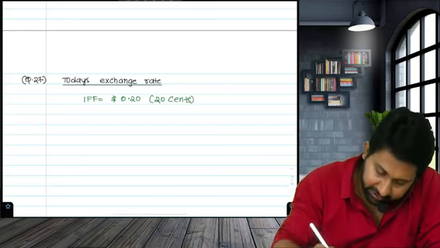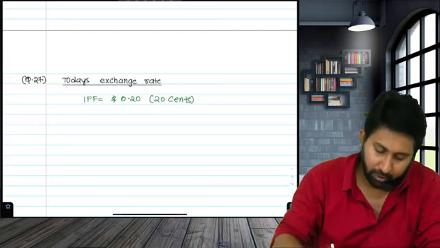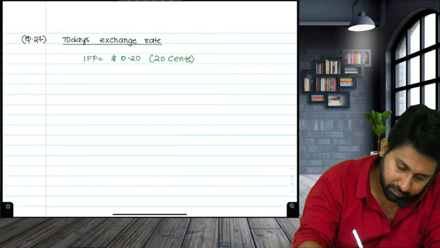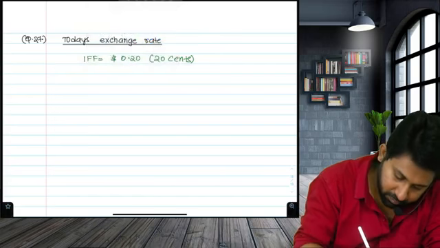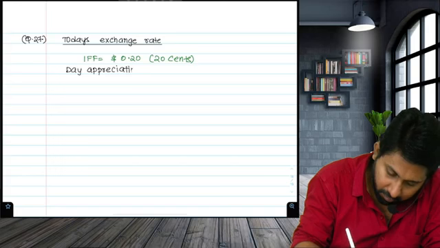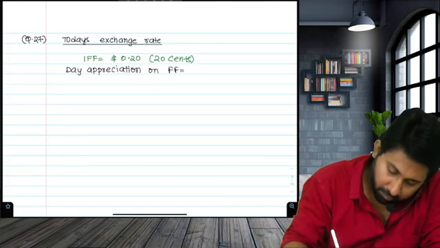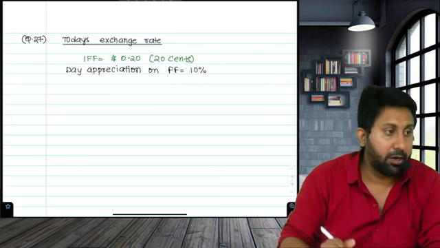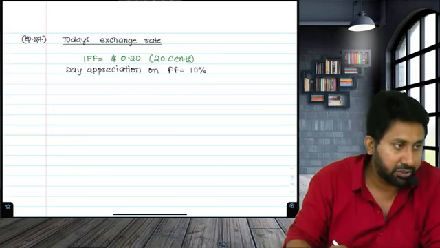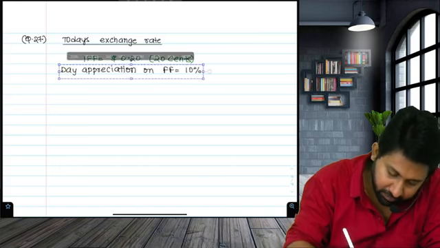Next, the appreciation on the French franc: how much? 10%.